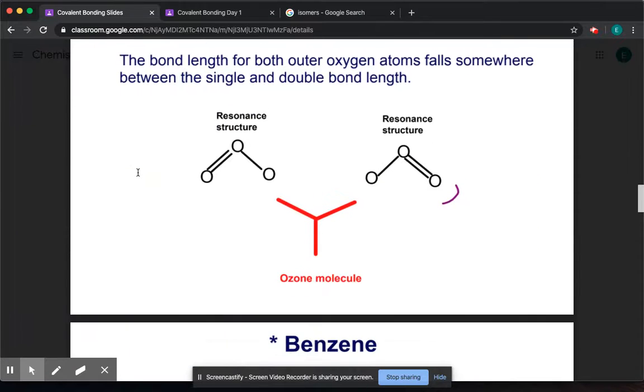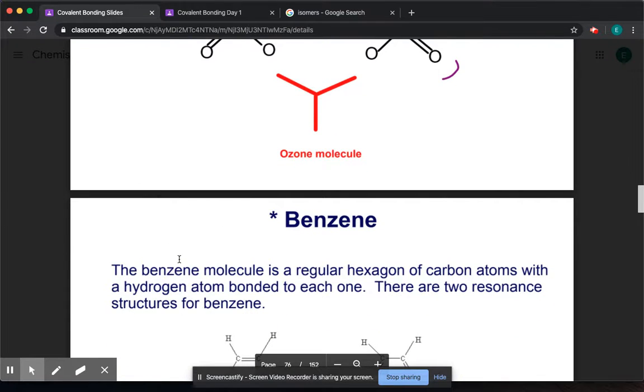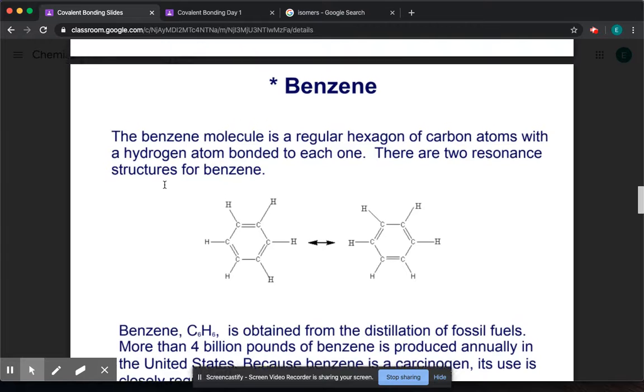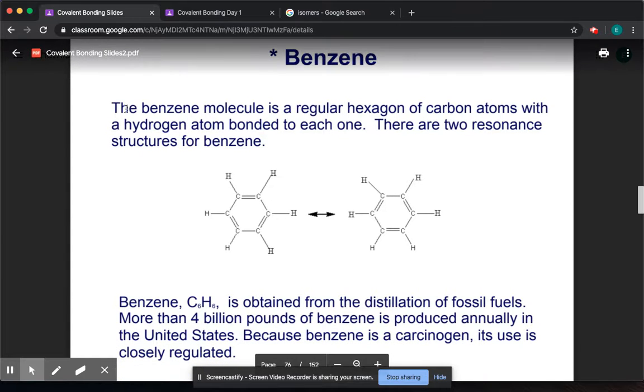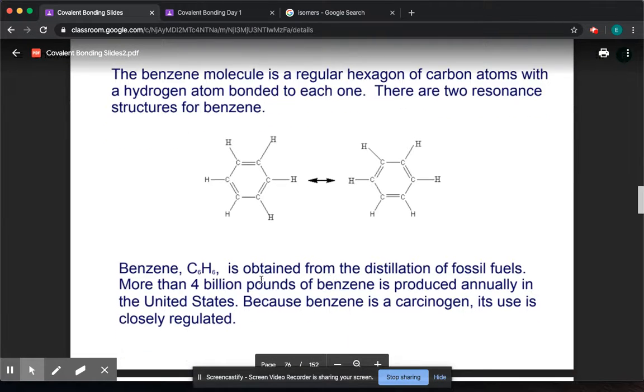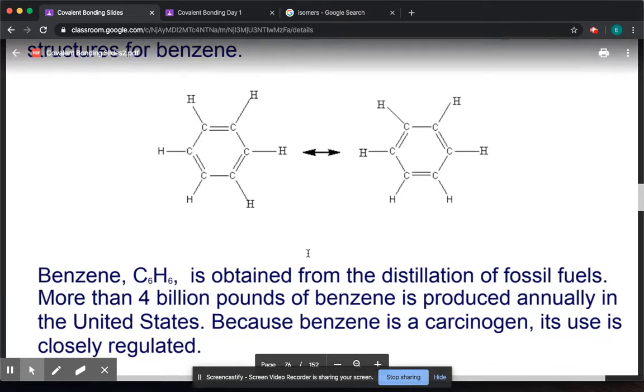Okay, so that's all resonance is. It's just when you have a compound or a molecule that can have the electrons be drawn in more than one place. In this case, we have this molecule called benzene. Benzene forms a hexagon of carbons. Okay, you get what's called a carbon ring. And if you look closely, let me zoom in a little bit.